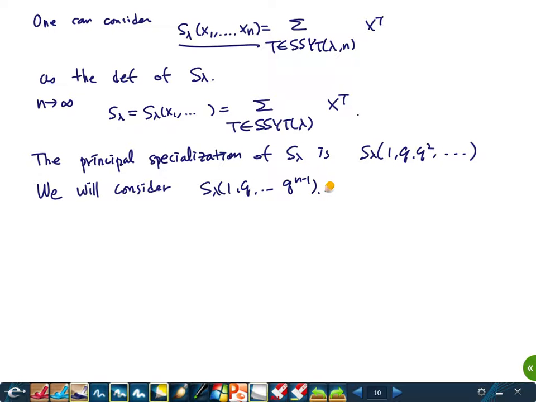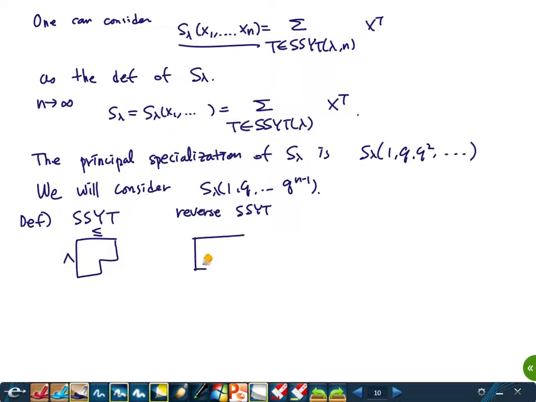And let me define some things. We already know a semi-standard Young tableau is a filling that is weakly increasing along rows and strictly increasing along columns, right? And a reverse semi-standard Young tableau means you just reverse the arrows, so it's like this.